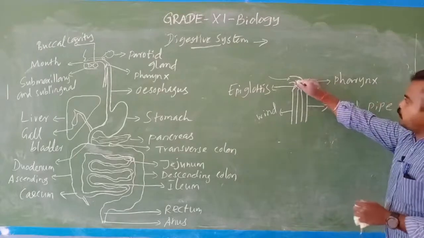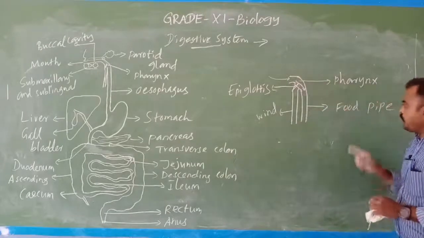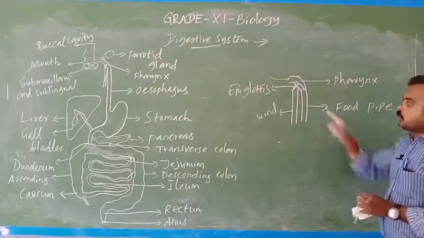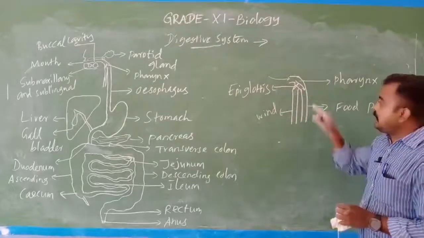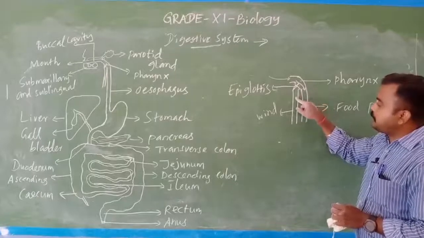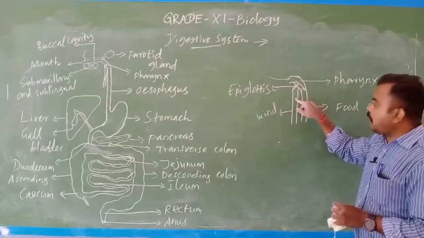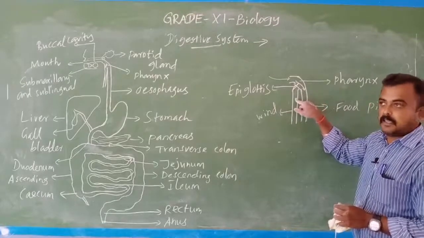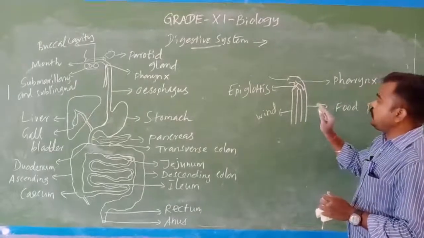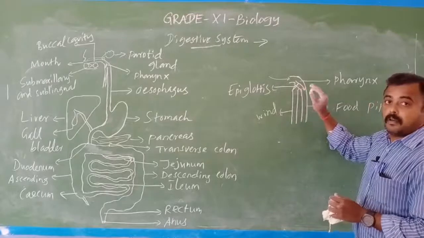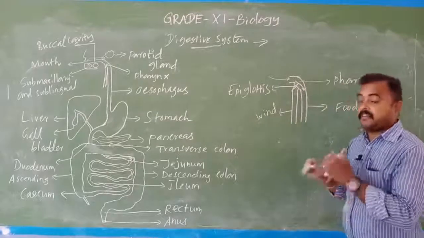Then the food automatically goes into the food pipe. So the epiglottis will protect the windpipe. If food enters into the windpipe, sometimes it will cause death. So it should not open when we take the food.